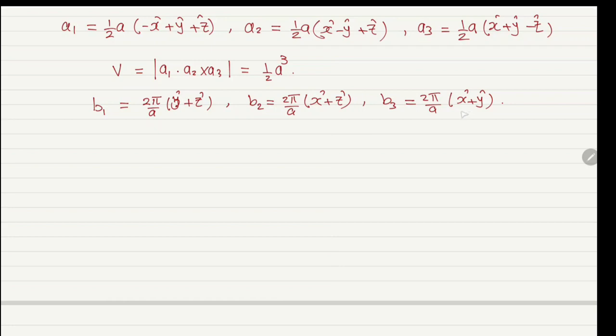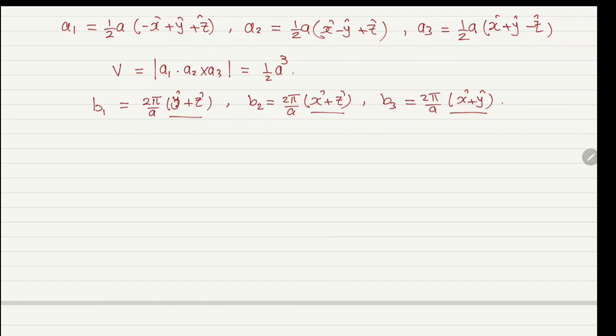If we look back at the results here, this is similar to the lattice primitive vectors for FCC in real space. So the reciprocal of the BCC structure is actually an FCC structure.